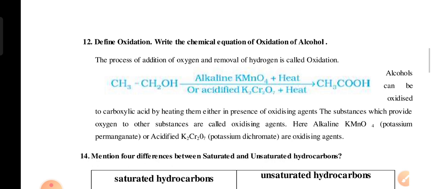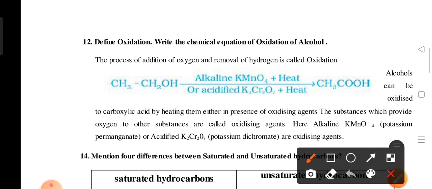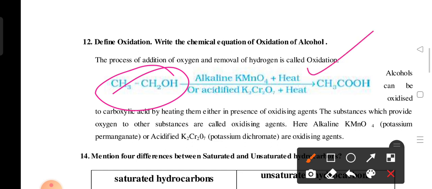Define oxidation. The process of addition of oxygen or removal of hydrogen is called oxidation. For ethyl alcohol C2H5OH, we use alkaline potassium permanganate plus heat, or acidified potassium dichromate plus heat. What does it give? It gives acetic acid.